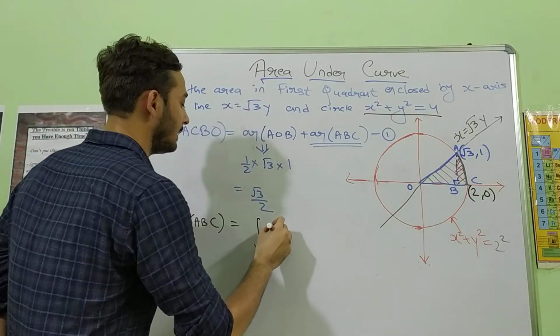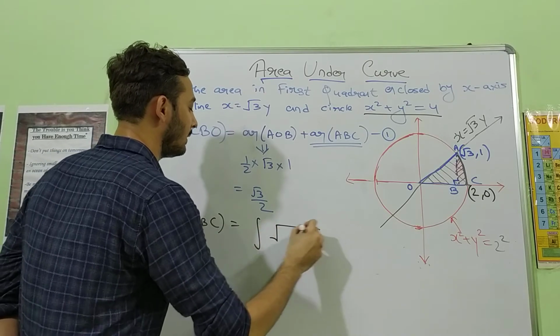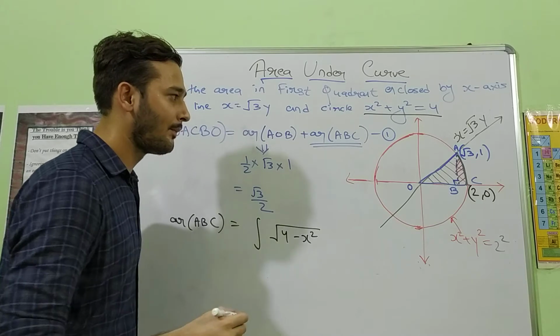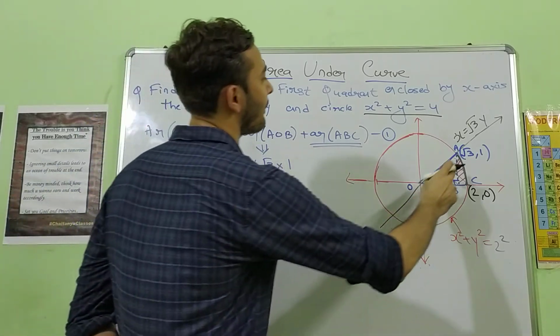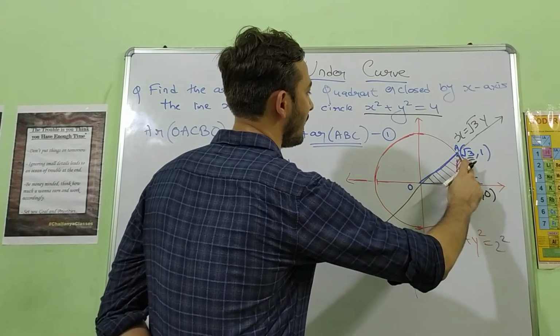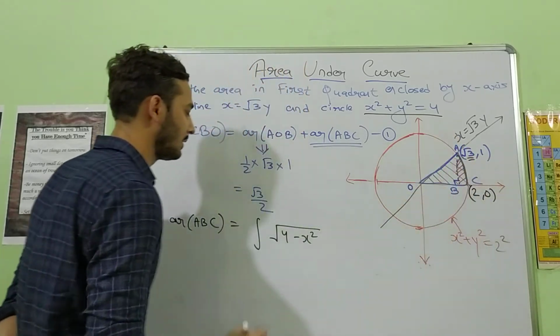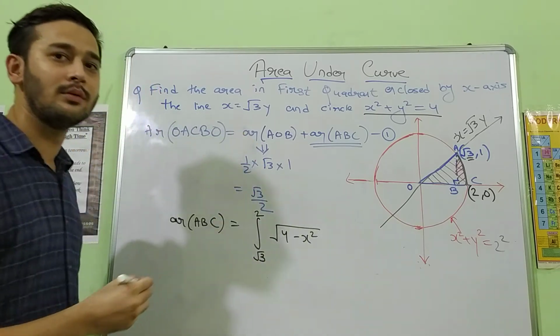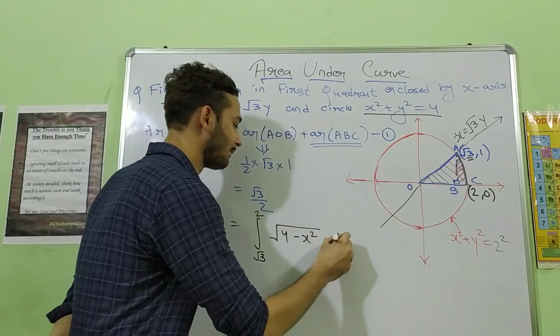That means y will be equal to root 4 minus x square. Right? And the limits will be what? x is root 3 here and x is 2 here. So area ABC is the integral from root 3 to 2 of root 4 minus x square dx.